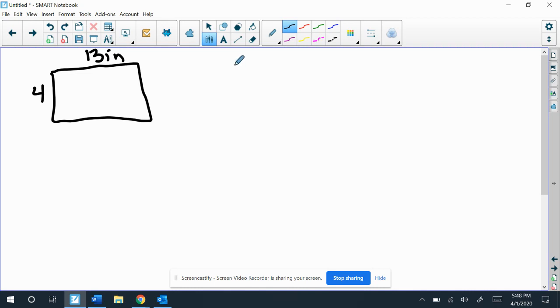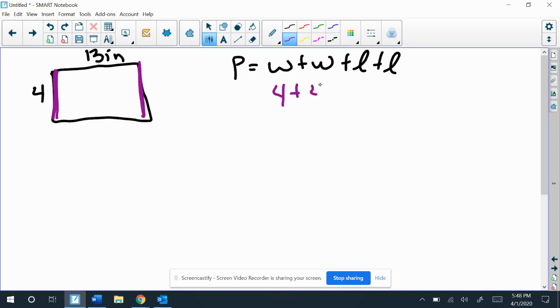I know that my perimeter, the equation is width plus length and length. So I'm going to find the width, which is 4. But if I have 1 over here, then I have 1 over here. So 4 plus 4. Then I'm going to find my length, which is 13 here and 13 down here.